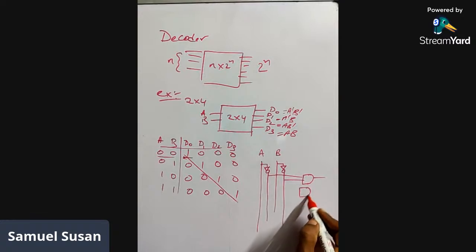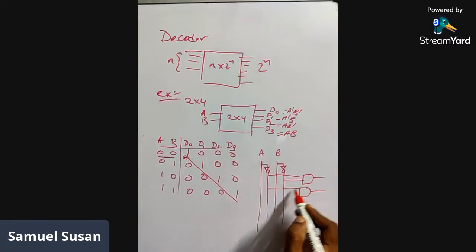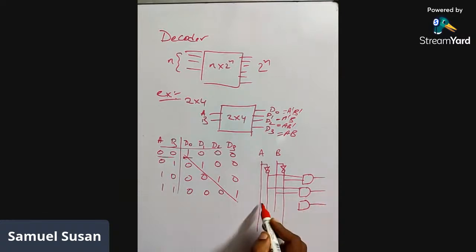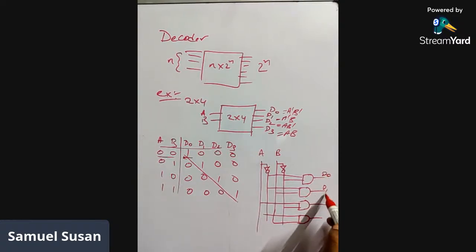The second one will be A dash B. The third one will be A B dash. And the fourth one will be A B. This is A and B. So we have D0, D1, D2, and D3 respectively. So similarly, you can have 3 by 8 with 3 inputs and 8 outputs, 4 by 16, etc.